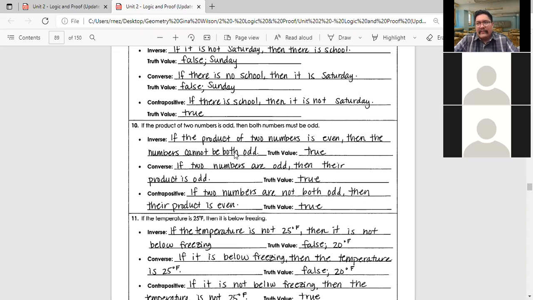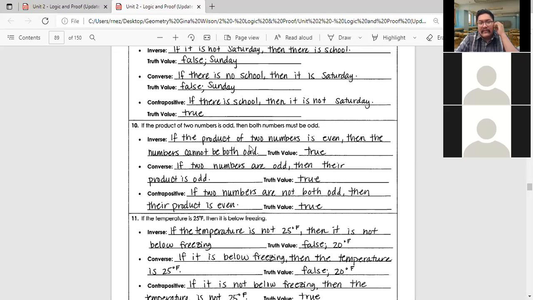Now, if you remember, there are only four combinations when you multiply. I can multiply two even numbers, like 2 times 2, that would be 4. The product was even, and both numbers were even. Now I'm getting kind of turned around because there are a lot of changes. It says cannot be both odd.